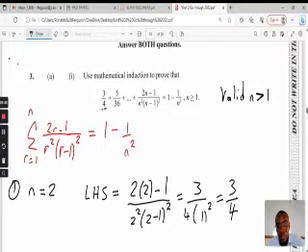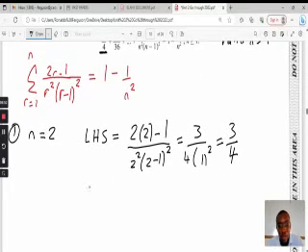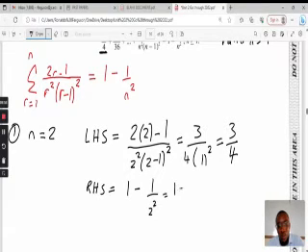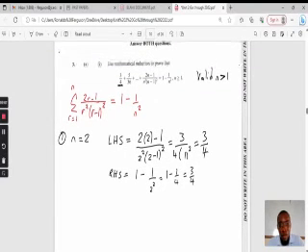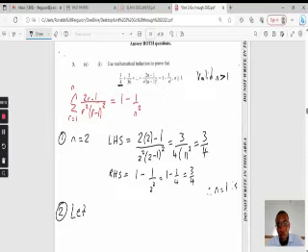Notice you get the first term, and it started at 3 over 4. Then your right hand side is going to be 1 minus 1 over 2 squared, which is 1 minus a quarter, and 1 minus a quarter is 3/4, right? So that is step 1. Therefore n equal 2 is true.